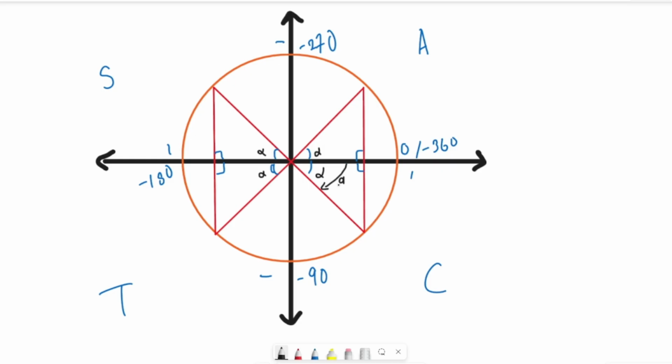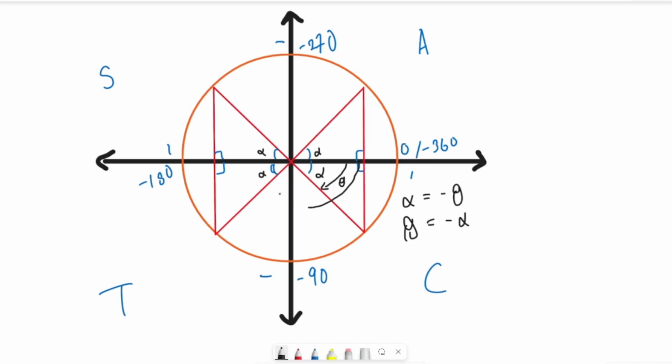So now notice that in the fourth quadrant alpha is equal to minus theta. It's not alpha is equal to theta, it's negative theta, because when you rearrange that, you get that theta is equal to negative alpha. And that is because we're moving in a negative direction, right? So that's pretty self-explanatory.